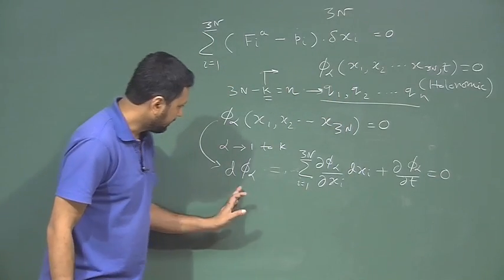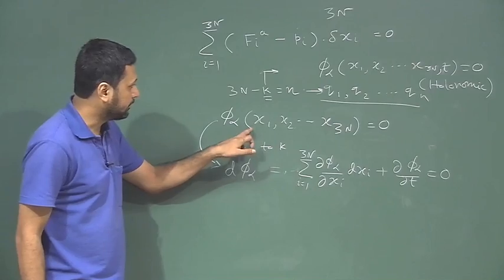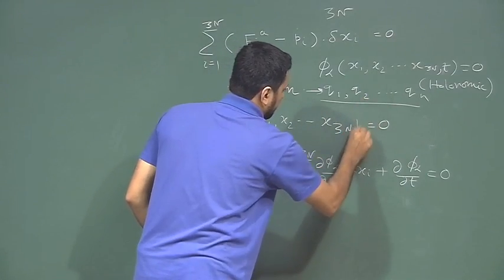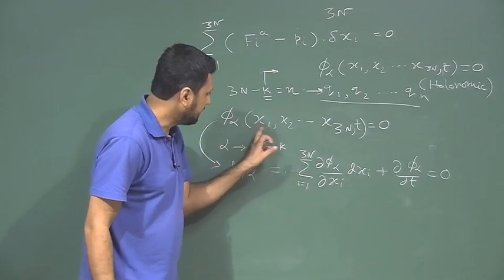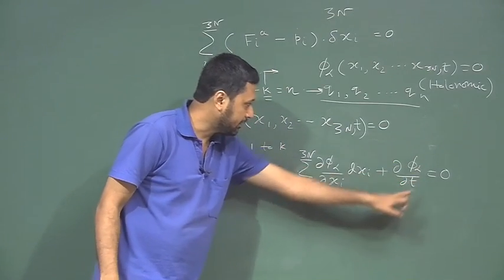What I did here is simply take the partial derivatives of this relation. There is a t here, so it will be the partial derivative of each individual coordinate and a partial derivative due to time.